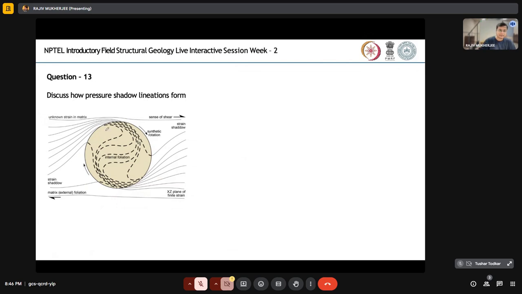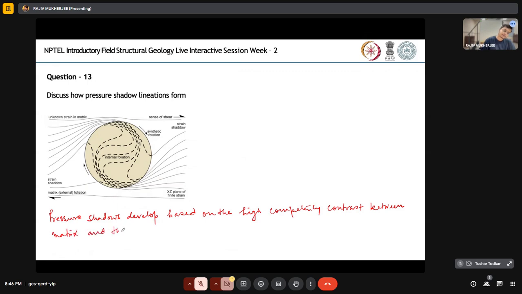Pressure shadow, you know, one thing is that pressure shadow forms based on the high competency contrast between the matrix and the porphyroclast or porphyroblast, right?